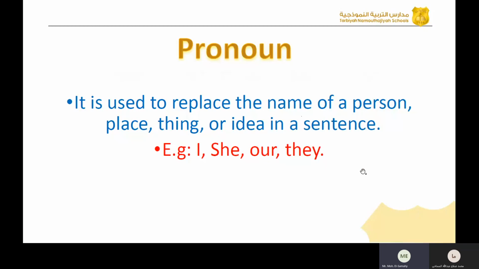When you are talking about a person, thing, or place for the first time and you want to talk about it a second time, in order not to repeat the same name, you will just substitute it with a pronoun. For example, I, she, our, they, and so on.